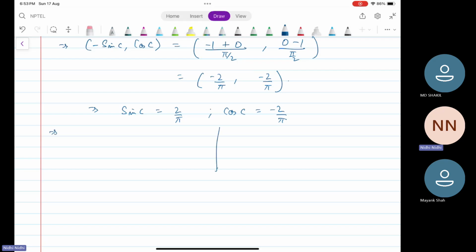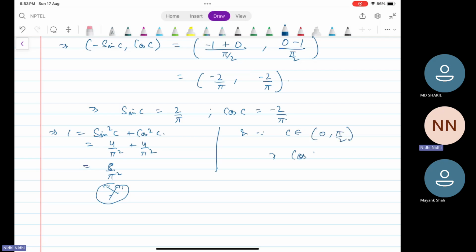This implies 1 is equal to sin square c plus cos square c, which is 4 by pi square plus 4 by pi square, which is 8 by pi square. So obviously pi square is never equal to 8. So this is a contradiction also. And since c belongs to open (0, pi by 2), this implies cos c should always be greater than 0. Again, we get a contradiction.